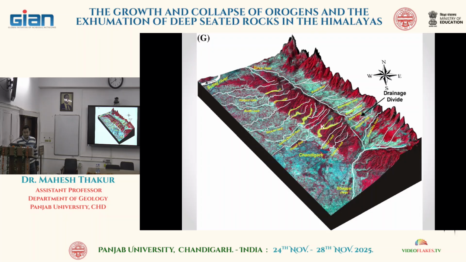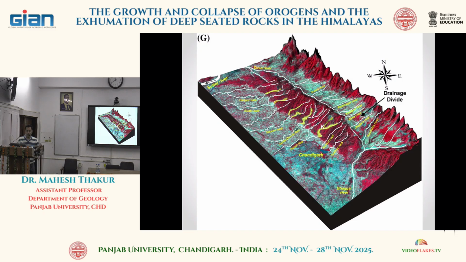So this is the present day configuration, you can say, of Chandigarh in terms of geomorphology, right? These Shivalik hills are actually helping us, or saving us from floods. But on the other hand, you have a fault also beneath these. So that can cause a big earthquake, you know.